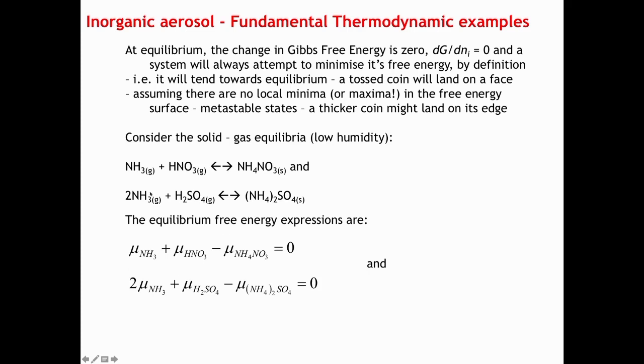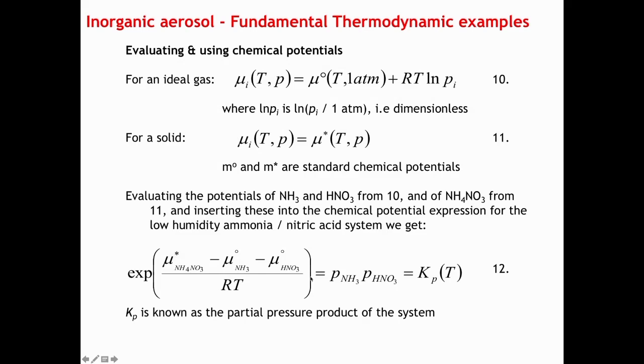And the same for ammonia, sulfuric acid and ammonium sulfate. So twice the chemical potential of an ammonia molecule plus the chemical potential of a sulfuric acid molecule minus this chemical potential, which is taken over to the left-hand side, of the ammonium sulfate, equals 0 at equilibrium. And that allows us to evaluate what the equilibrium values are.